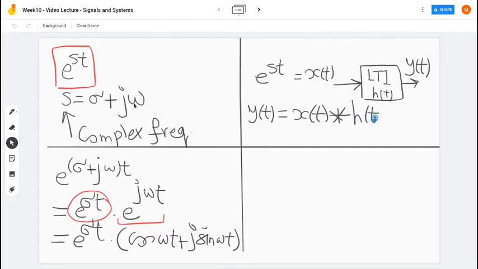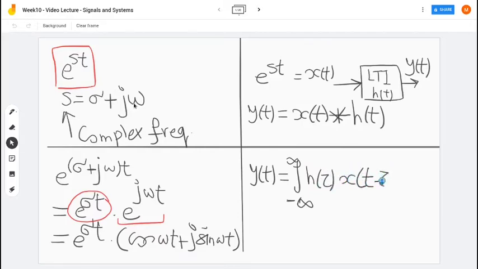So how can we perform the convolution? It's simple. So y of t is equal to integration from minus infinity up to infinity, and now we can take one signal, keep it as is, and the other signal will do a mirror and shift. Let's keep h of t as is, so I'll make it h of tau, and then x of t minus tau, and let's do the integration with respect to tau.